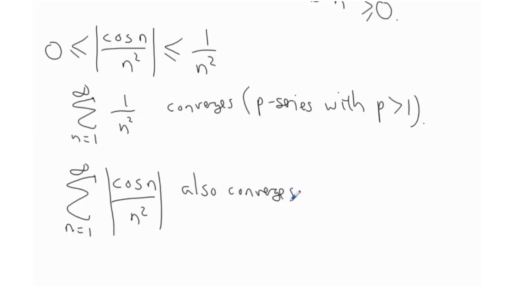This is because of the comparison test. Remember, we got it trapped between a sequence that we knew converged, which for the natural domain, positive integer n, was greater than it, and we knew that everything was positive. So that is the comparison test.